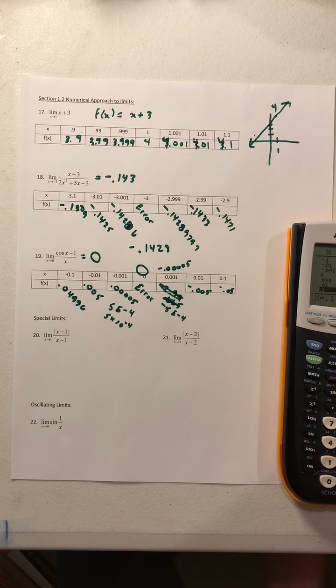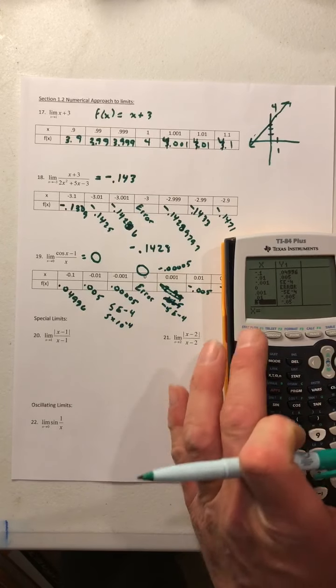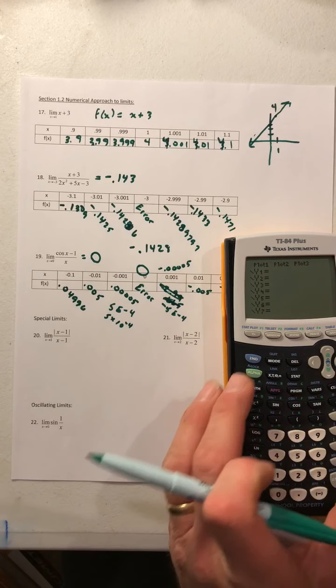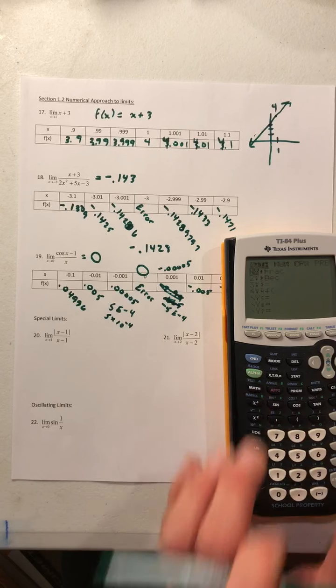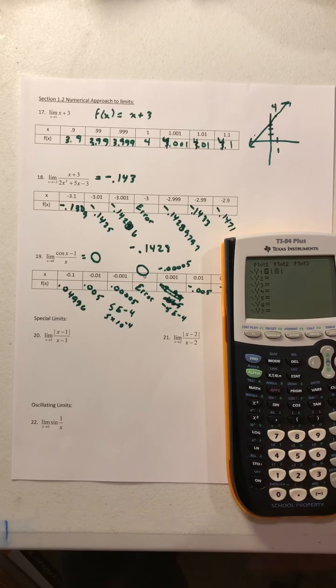So if we take the special limit, the limit as x goes to 1 of the absolute value of x minus 1 over x minus 1, here what I would like to do is to go ahead and put that into the calculator and look at the graph of this. To get the absolute value I can do math, go over to num, it's number 1.